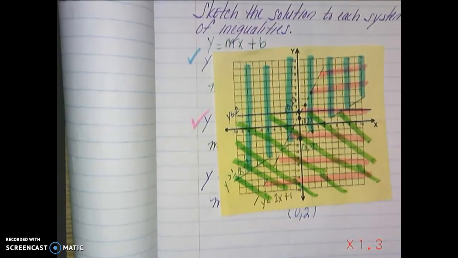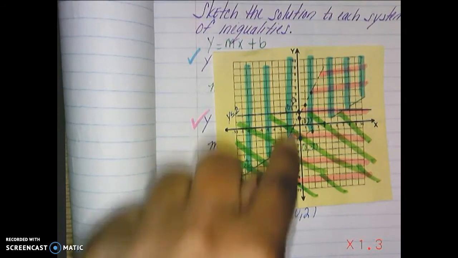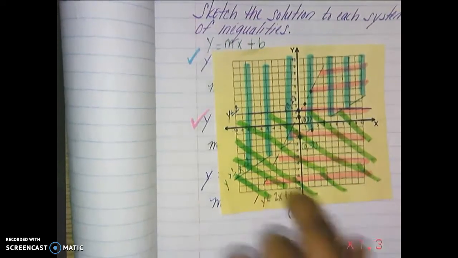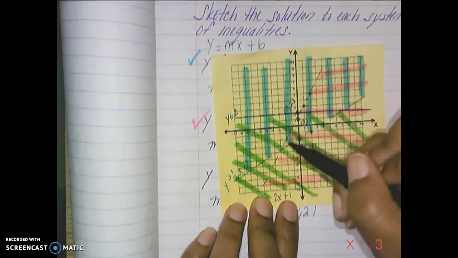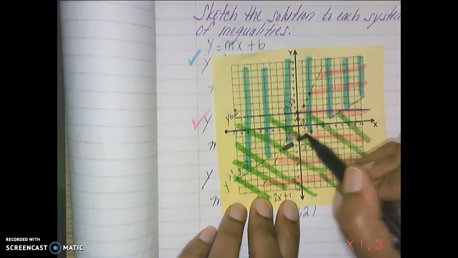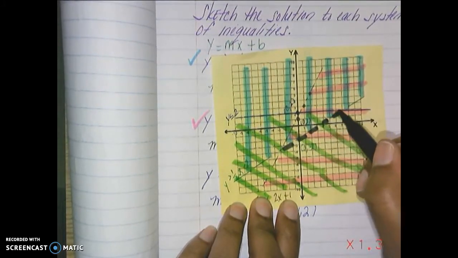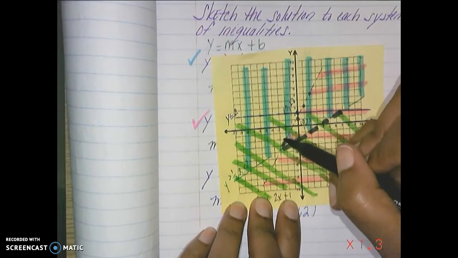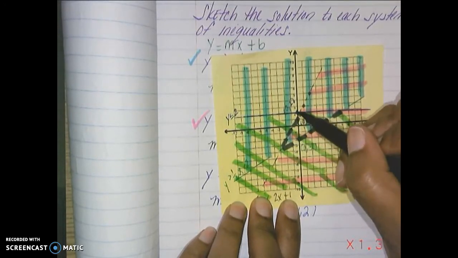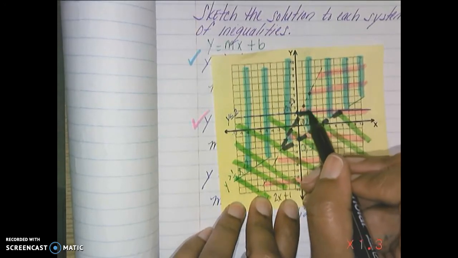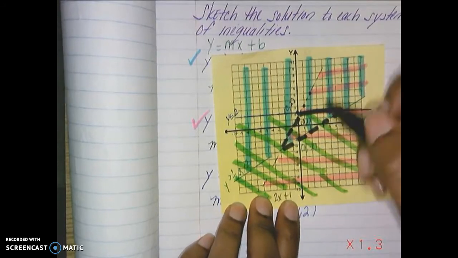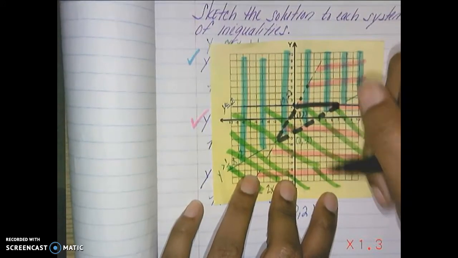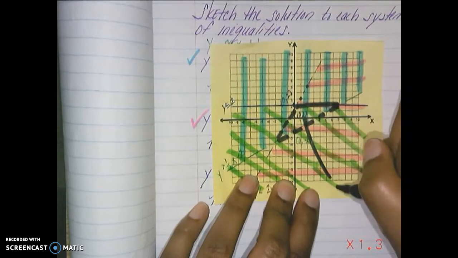And so what's going to happen is because we have overlapping right in here, that's going to be our solution. So the solution is going to be from this dashed line to this dashed line, and it's going to include the points that are along that line. Okay, so what you have here in the black is going to be your solution.